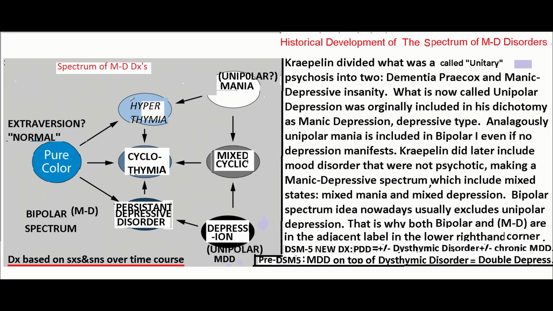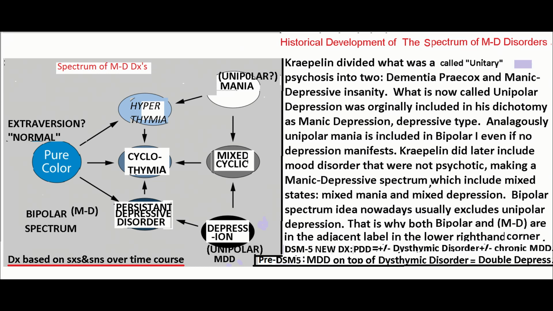Kraepelin was the guy that came up with dementia praecox, which was later named schizophrenia, and manic depressive insanity. Anyway, this unipolar depression was included in his dichotomy as manic depressive, depressive type.